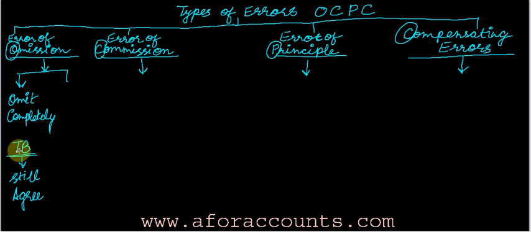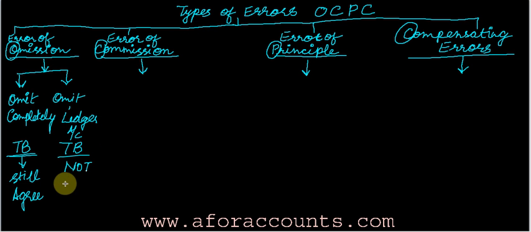Now the second is omitting to post a ledger account from the subsidiary books. So one ledger account is not posted, so the trial balance will not agree.